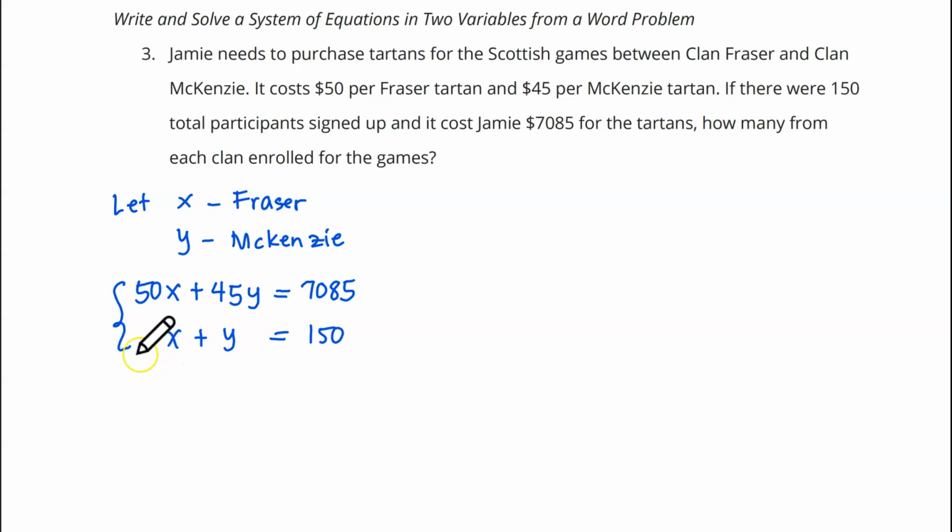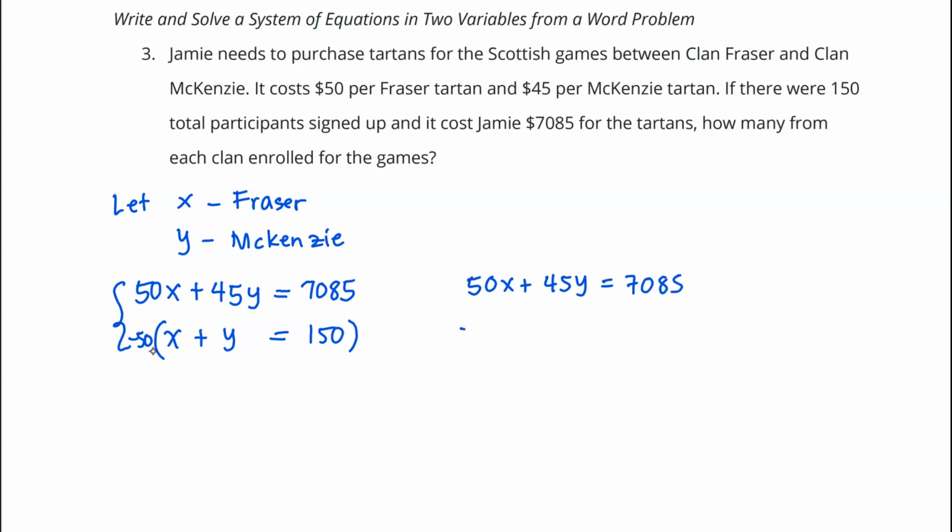We can do that by first eliminating x, and to eliminate x, we will multiply both sides of equation 2 by negative 50. So therefore, we copy the first equation, 50x plus 45y equals 7,085.